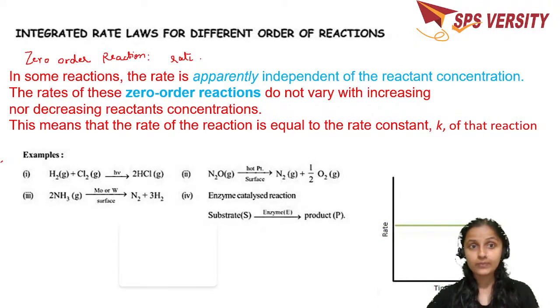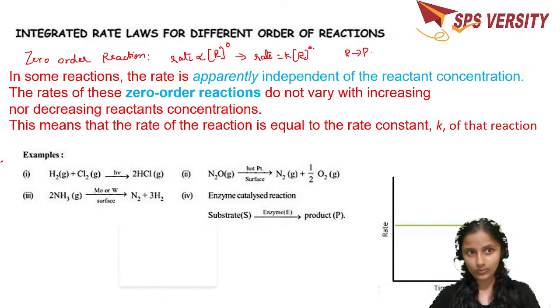That means if you have any reaction, reactant gives rise to product. Rate is directly proportional to the concentration of the reactant to the power 0. This is the order. Or rate is equal to K into concentration of the reactant to the power 0. So that means the rate is apparently independent of the reactant concentration.